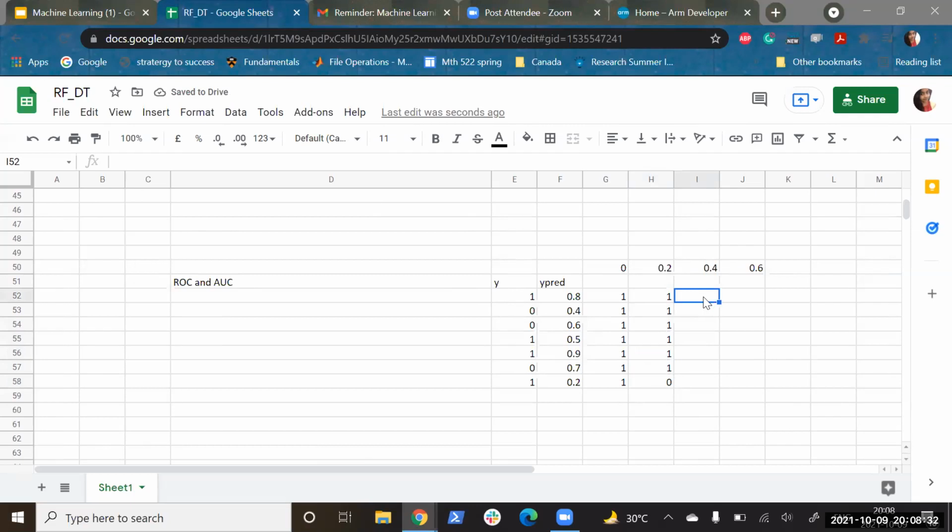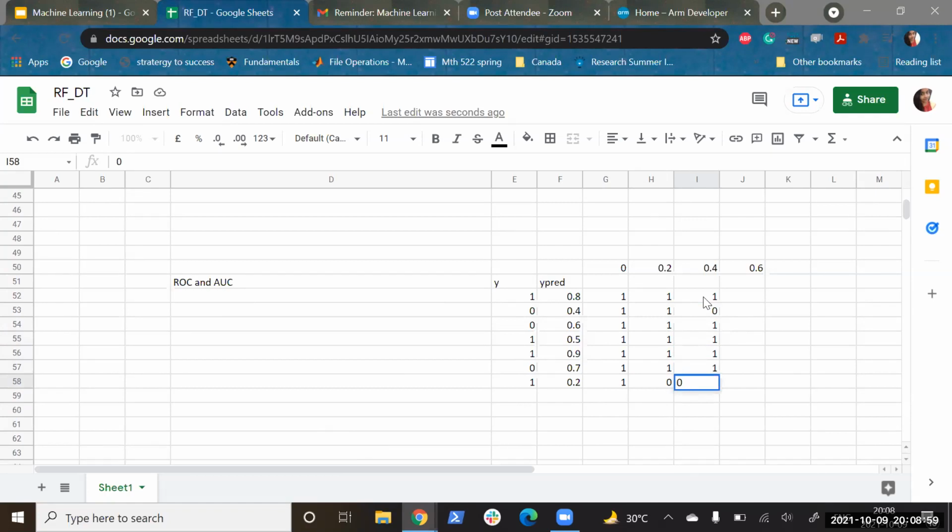Similarly for 0.4, the first one is 1. Second one, 0, because it's 0.4. Then you have 1, because 0.6 is higher, 0.5 is higher, 0.9 is higher, 0.7, 0.2, and 0.2 is low, so 0.